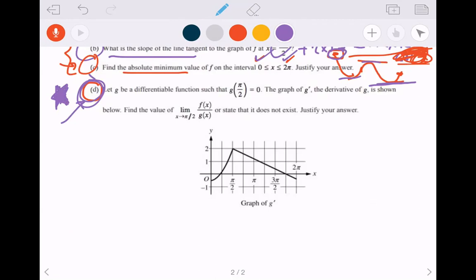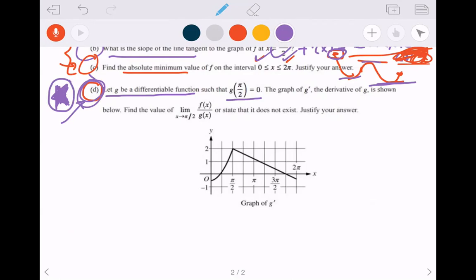So let G be a differentiable function. That's going to be really important coming up, such that its y value at pi halves is 0. Then they give you the graph of G prime. Now this guy too is popping into my mind for a third reason. Number 1, it's going to reference a continuity thing, obviously, because that's what I'm reviewing today. Number 2, you're going to see as we go through the problem.